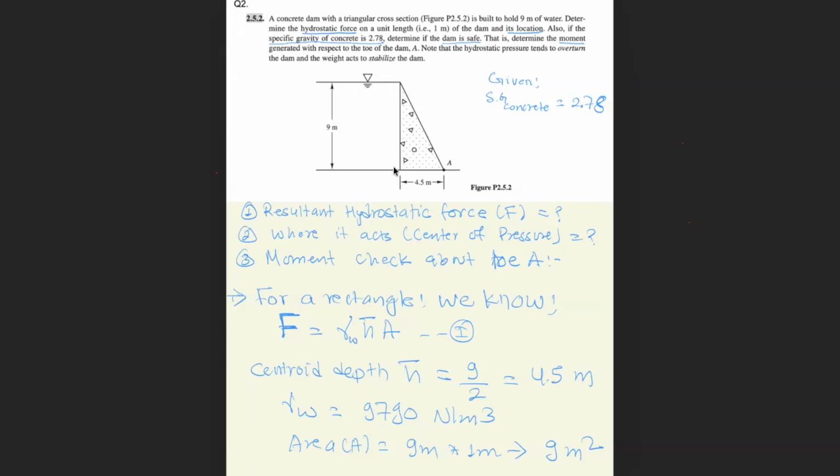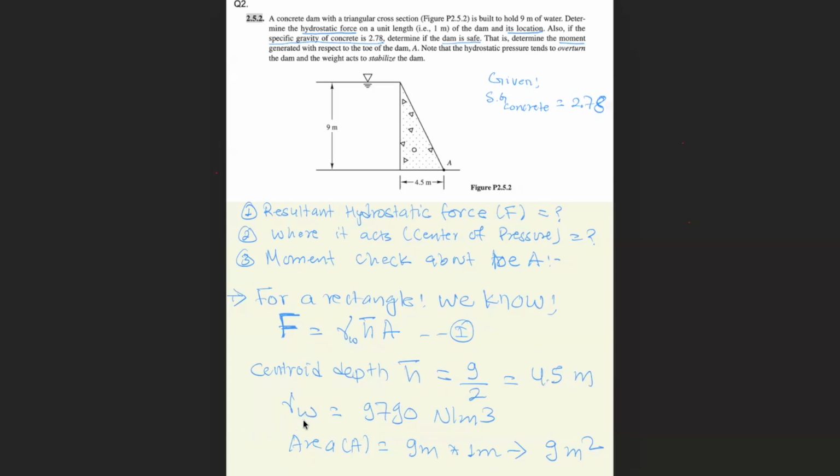For this rectangular water surface area, we know that force is equal to the specific weight of water times the centroid depth times the area. For a rectangular surface, the centroid depth is equal to height divided by 2, which is 4.5 meters.